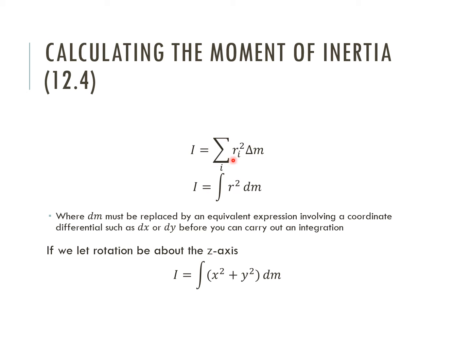Where here the radius of the object is the radius of a very specific point. So if we go back to our triangle example, where we have the triangle made of a bunch of different points, let's pretend for the sake of, different size, different mass, every single one of these points would correspond to a different r value and a different m value.